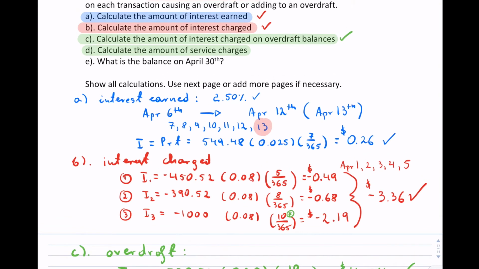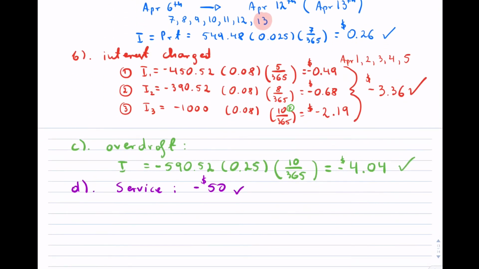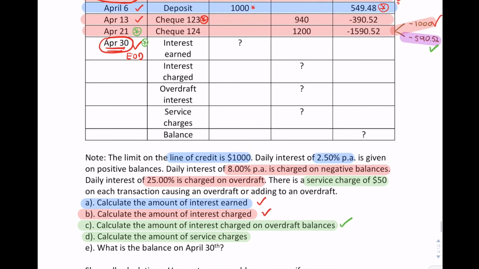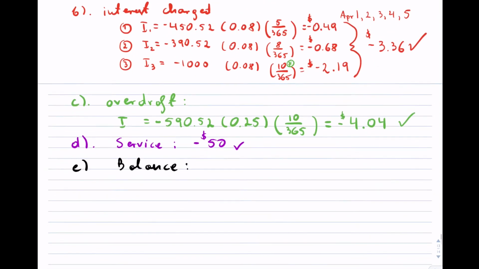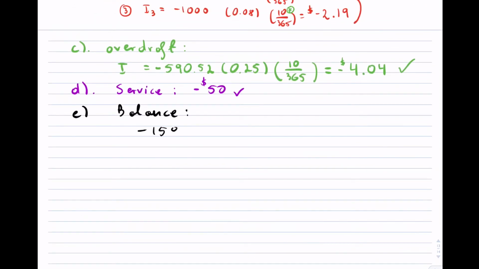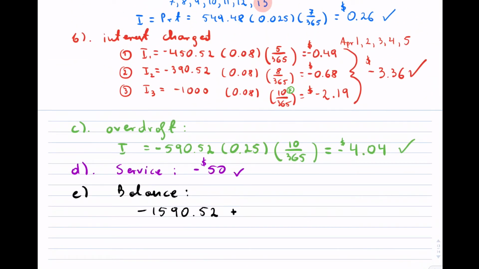And now finally, what is the balance? So now we have to do all the different additions. So that was E. So now our balance, well, we have 1590.52. So we have 1590.52, right? Now we had 26 cents that we made. We had an interest of $3.36 that we were charged. We were charged an overdraft interest, and we were charged a service fee.